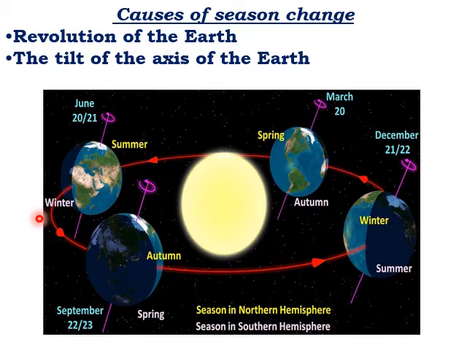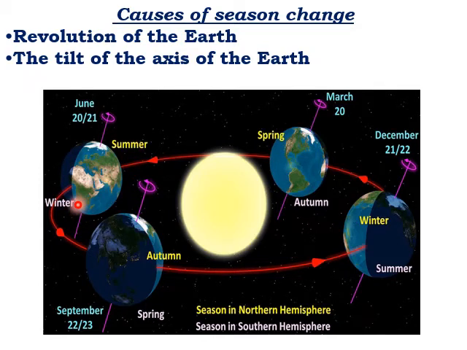So, one hemisphere gets more sunlight. Here the northern hemisphere is getting more sunlight than the southern hemisphere. So, at a time, one hemisphere is getting more sunlight and another one is getting less sunlight.